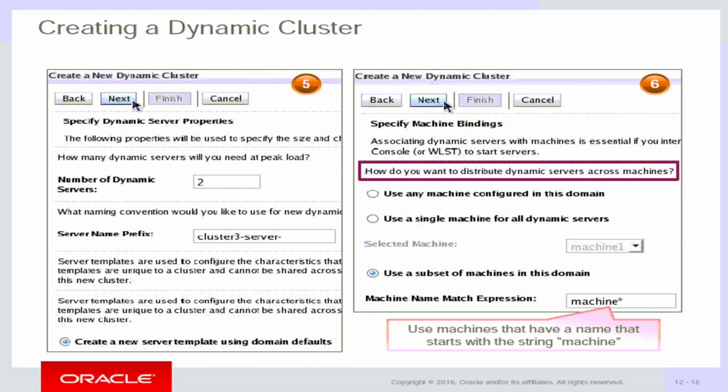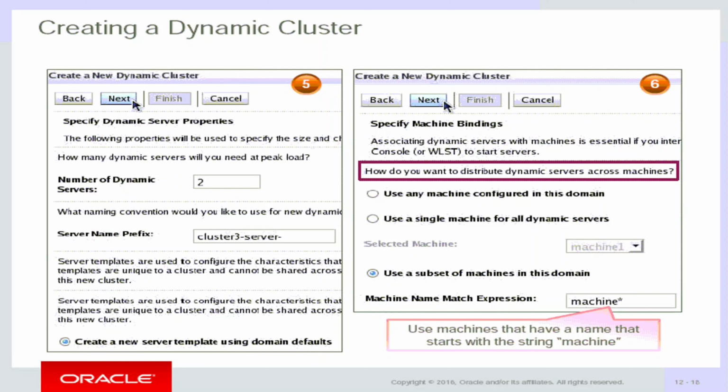Then we specify the machine binding, how you want to bind this managed server to a machine. So use any machine configured in this domain, or use a single machine for all dynamic servers if you have a single machine. So all dynamic servers would be bound to a particular machine.